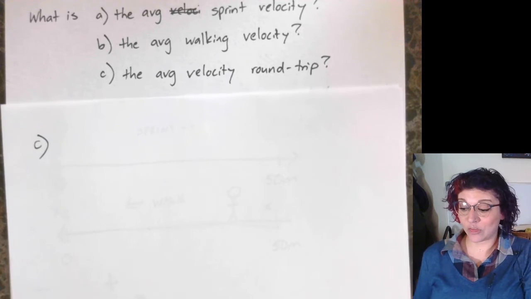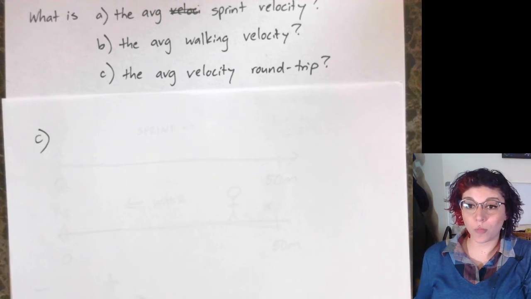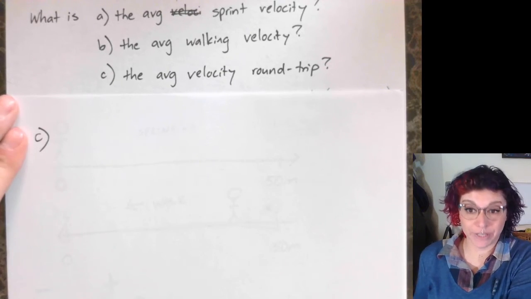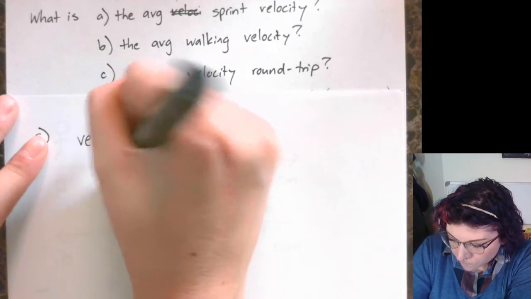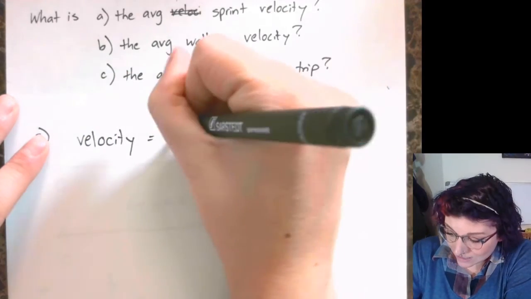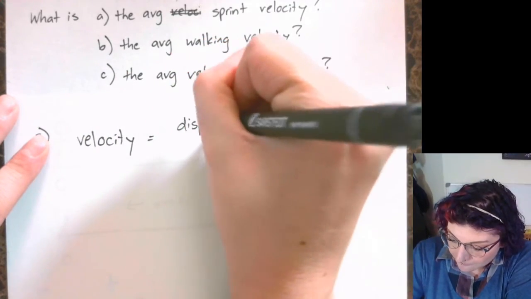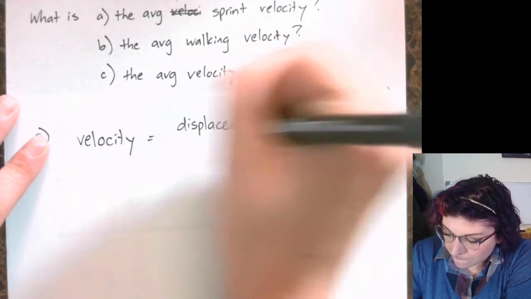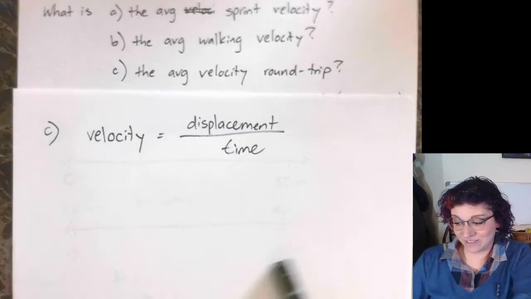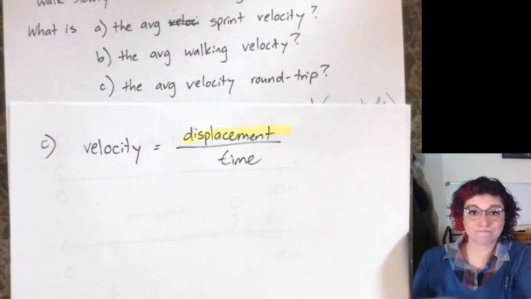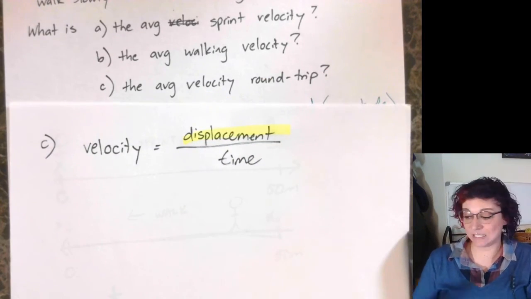But think back about what defines velocity. Velocity is displacement over time. Again, that displacement is important. It's not distance.